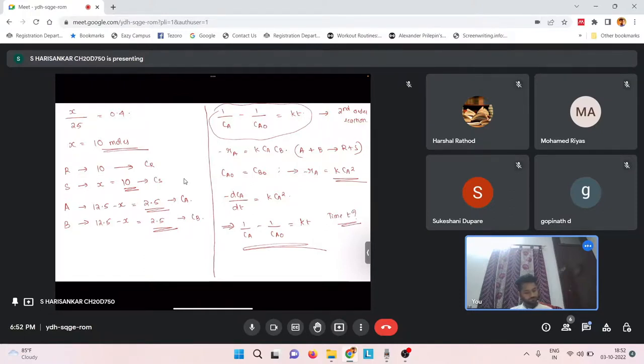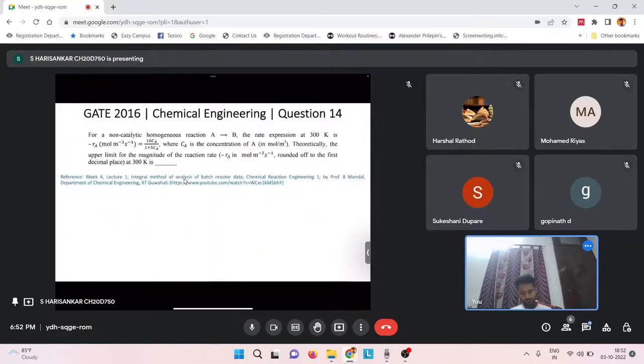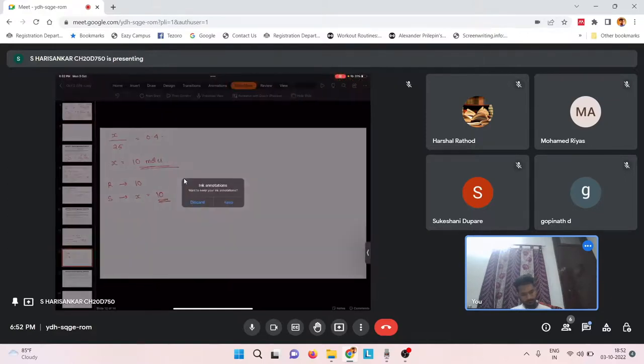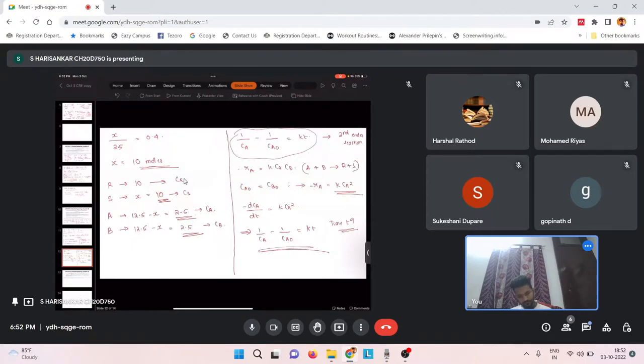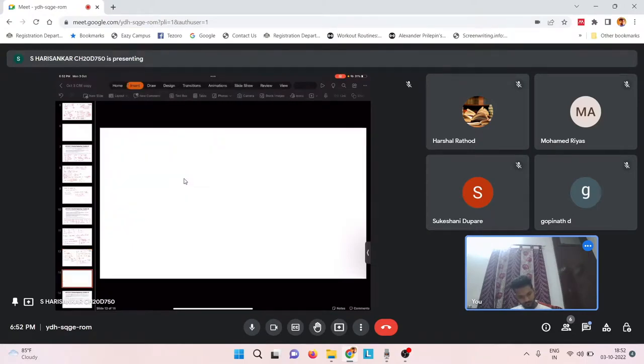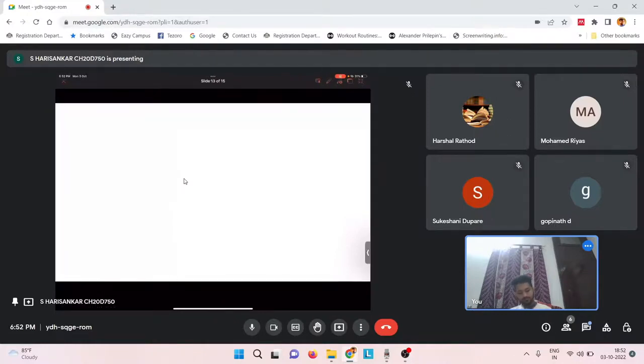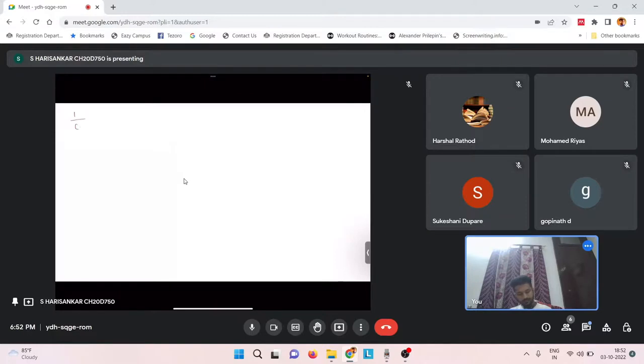Okay. So now we have 1 by Ca minus 1 by Ca0 is equal to Kt. We just found out Ca from the balance.